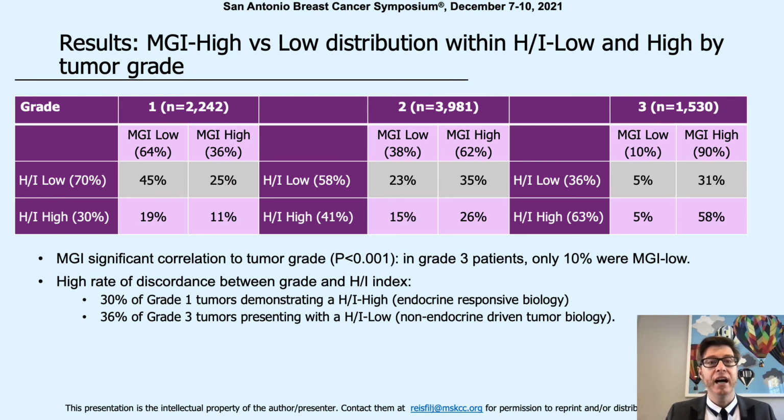For instance, in grade 1 tumors, 64% of the tumors were molecular grade index low, whereas in grade 3 tumors, only 10% were classified as molecular grade index low. Now, for the HI ratios, there were a lot of discrepancies between grade and the HI ratios. For instance, only 30% of grade 1 tumors had an HI ratio that was high, whereas only 36% of grade 3 tumors had an HI ratio that was low.